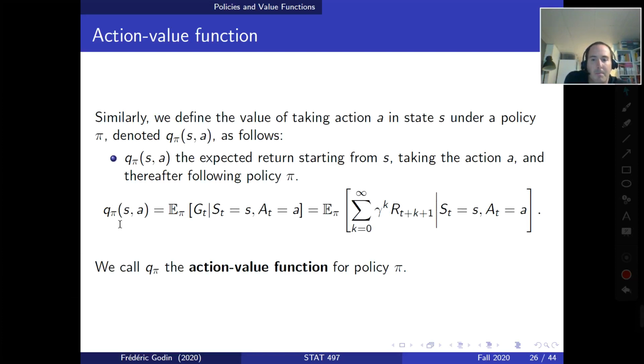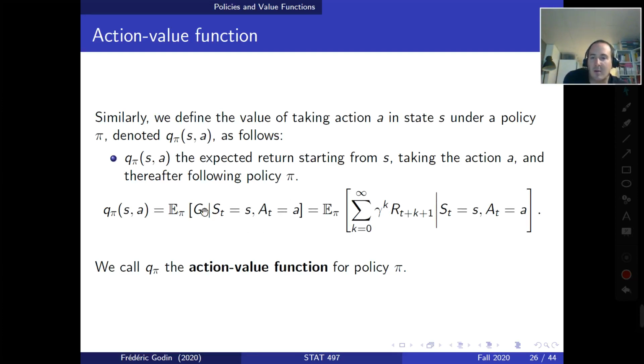In theory, pi should also impact your immediate action, but here, when calculating Q pi (s, a), we're going to assume that we take action a regardless of the policy right now, and then for future steps, only then you will follow pi. So this is represented as the expectation under policy pi of your return at time t, given your current state is s and your current action taken is a.